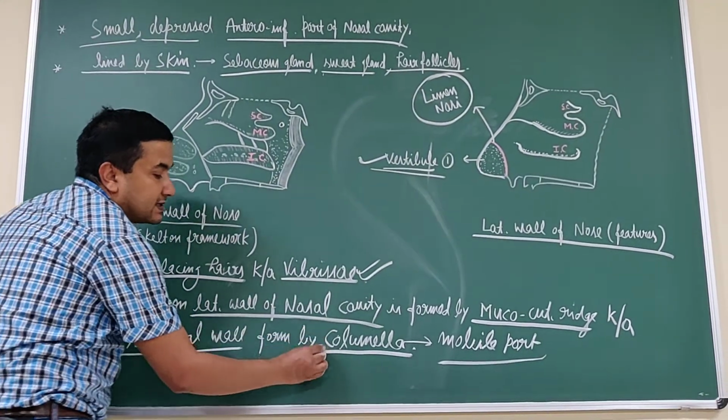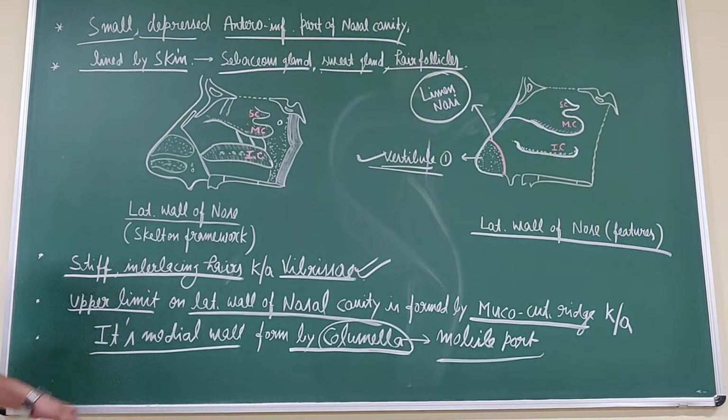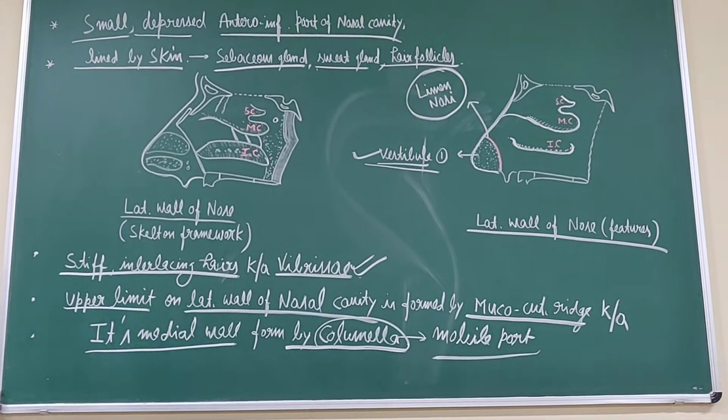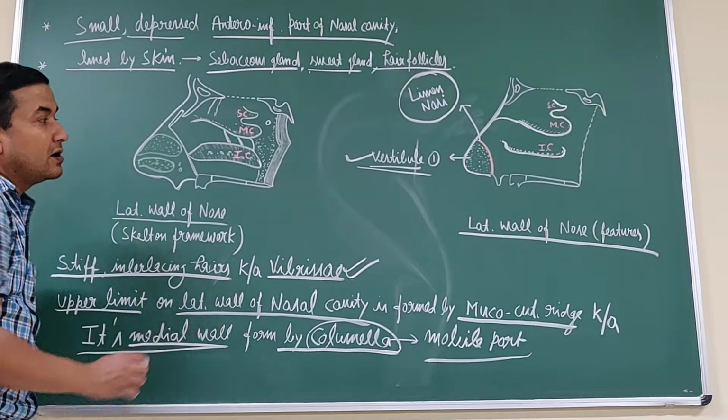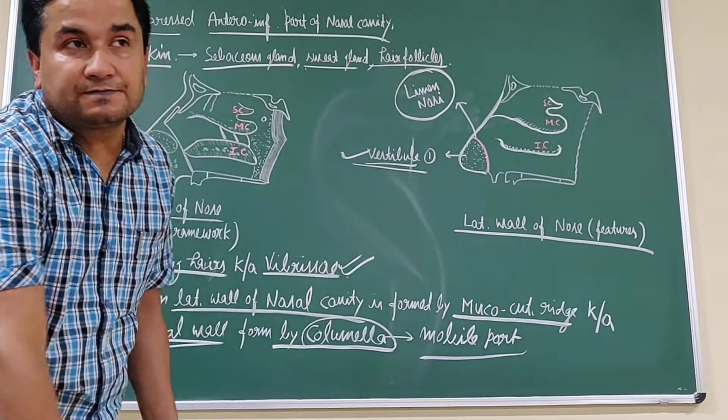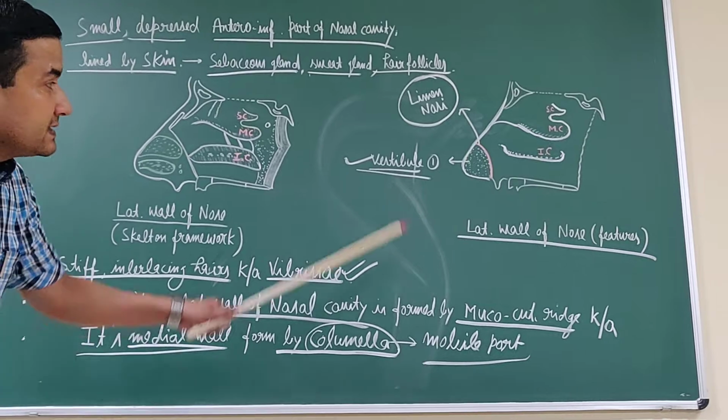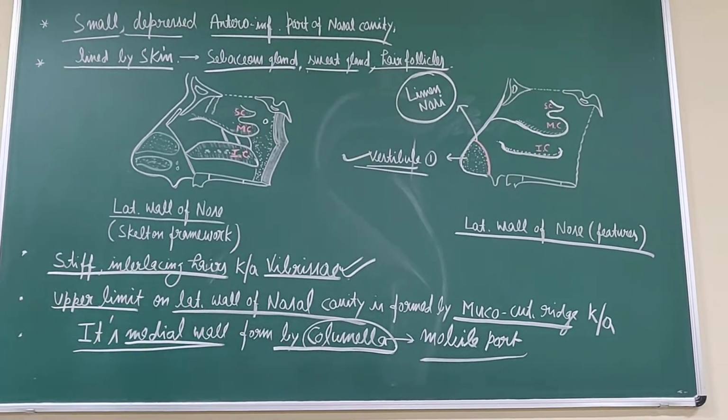This mobile part is the columella, and it forms the medial boundary of the vestibule. So that is the vestibule of the nose.